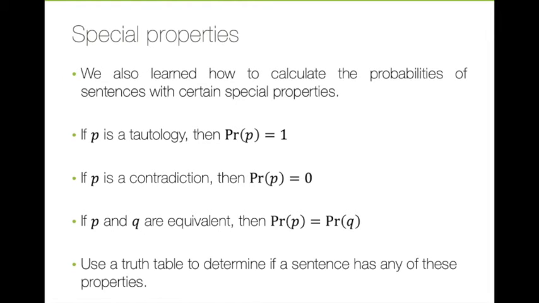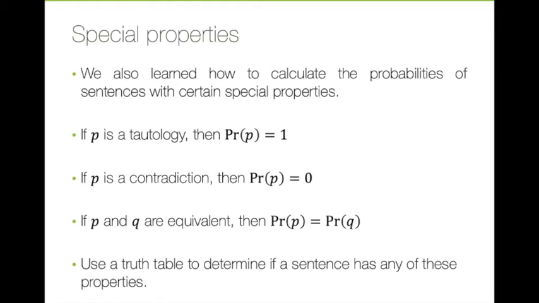We also learned how to calculate the probabilities of sentences with some special properties that are familiar from our study of deductive logic. So if P is a tautology, then the probability of P is 1. That's because 1 represents certainty. It's certain to be true. That's what a tautology means. If P is a contradiction, then we know that the probability of P is 0. If something has a probability of 0, that tells us it's certain to be false.